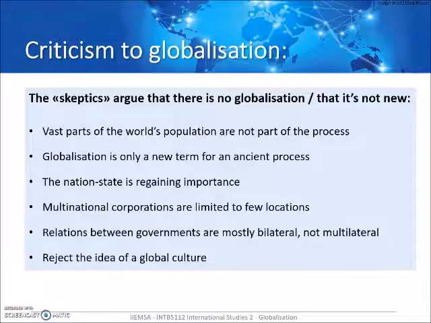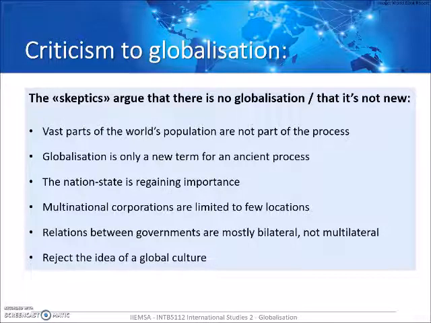So there is this argument that there is evidence that nation states are trying to get more power back, and that this goes against globalization: we have more and more states that want to isolate again, and this is a counter-trend to globalization. So that's also an argument that is there.